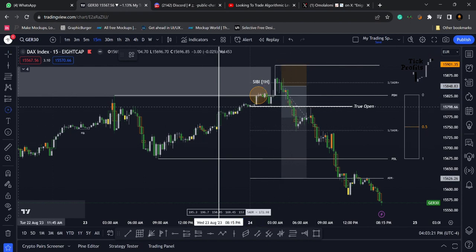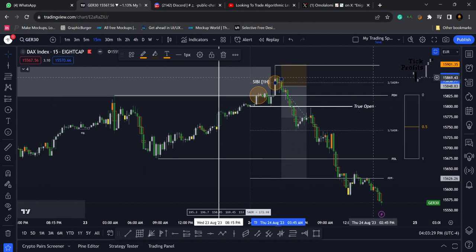And again, DAX tapped into the 1/3 ADR level. And all these were during the London session. The London session had just opened maybe 30 minutes to, that was around 3 a.m. New York time. You can see 3 a.m. New York time. Exactly at 3 a.m. New York time, DAX tapped into this 1/3 ADR.